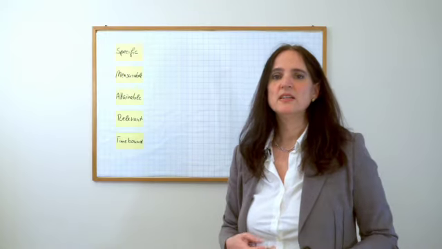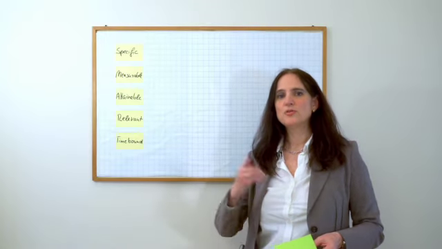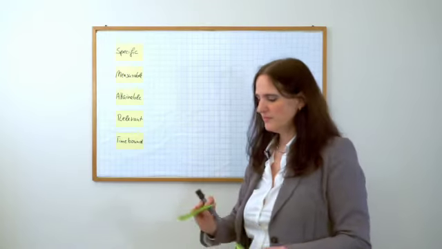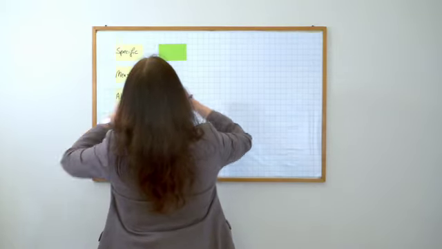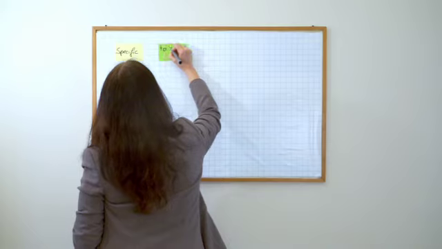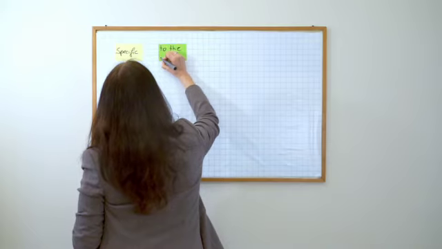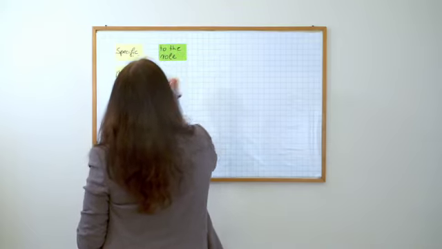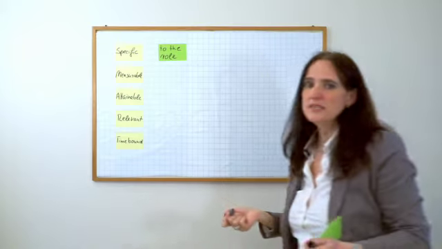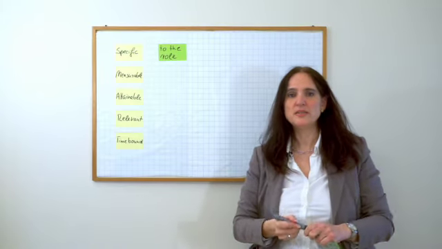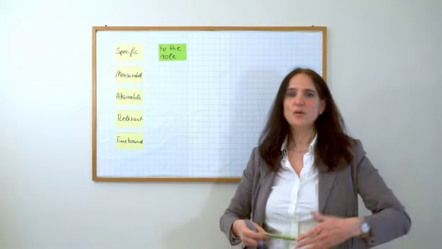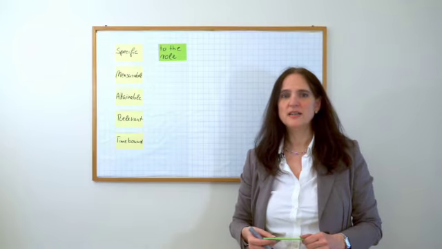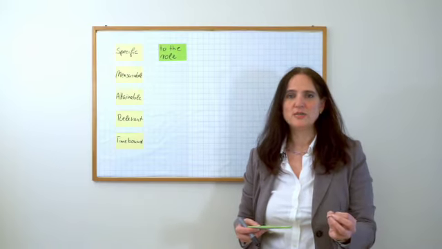A specific goal has to be specific to the role of the person. Say you work in a sales department and you have 30 salespeople. It doesn't help to give out the goal of, we want to sell 10 million this year, but you really have to break it down to the individual.